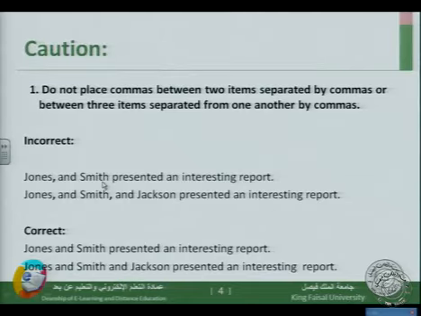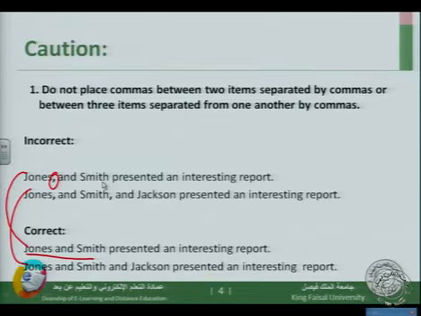Do not place commas between two items, or between three items separated from one another by conjunctions. For example, John and Smith presented an interesting report. Placing a comma here is wrong. We do not place commas between two items. Jones and Smith and Jackson presented. This is also wrong if we add commas. The correct one is John and Smith, without a comma, presented an interesting report.